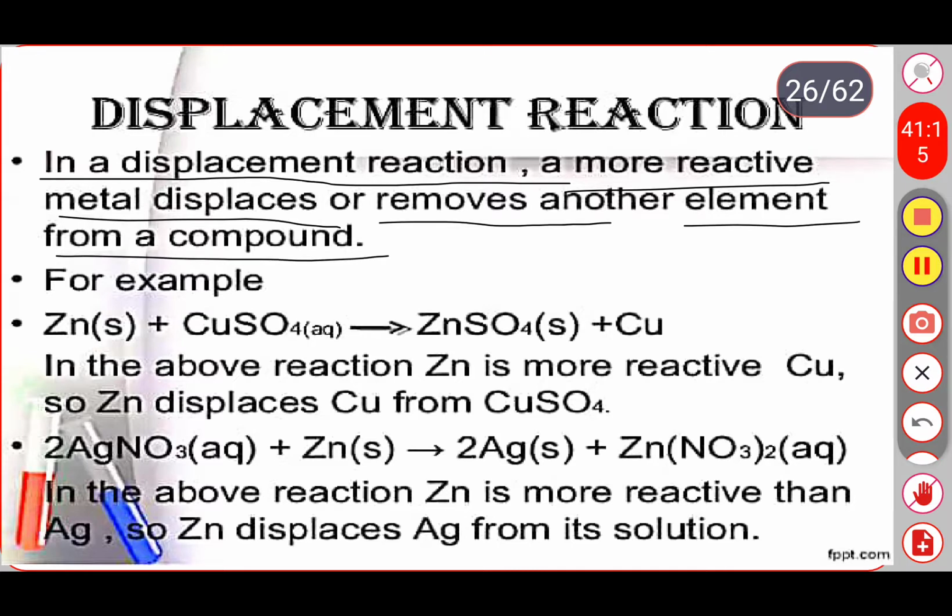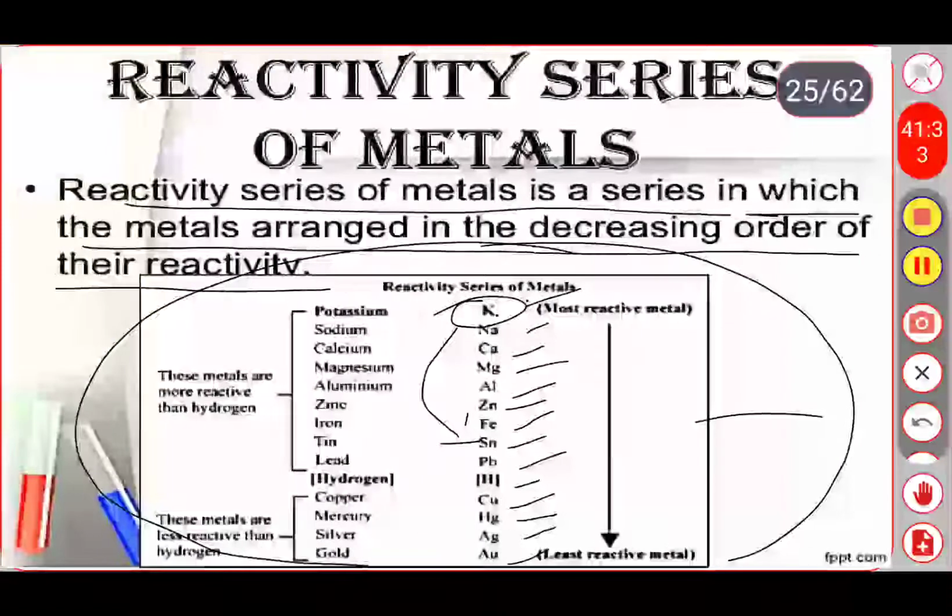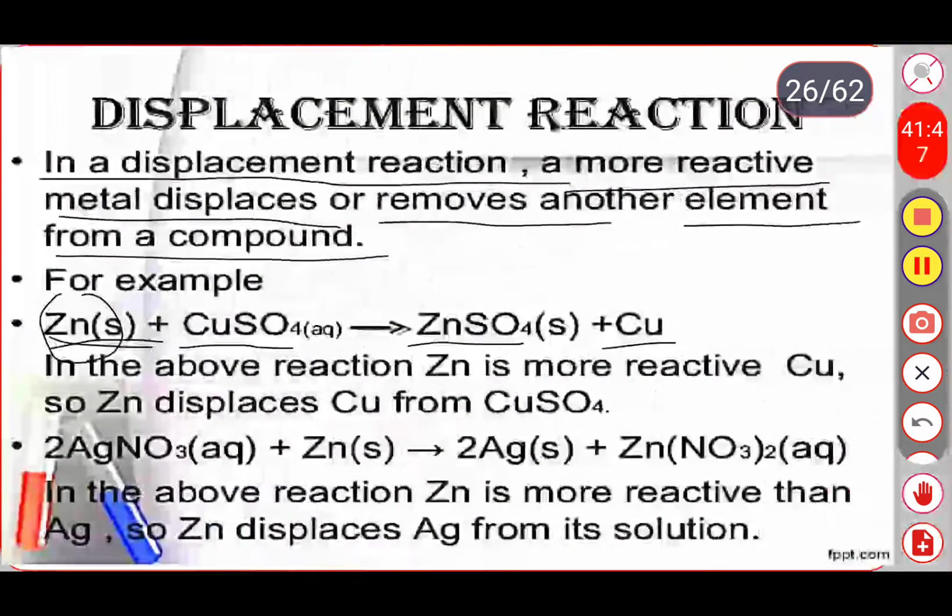It means, just see the previous slide, zinc is highly reactive when we compare it to copper, right? So that's why zinc will replace the position of the copper, and it forms zinc sulfate and copper. In the above reaction, zinc is more reactive than copper. So zinc displaces copper from copper sulfate, forming zinc sulfate.